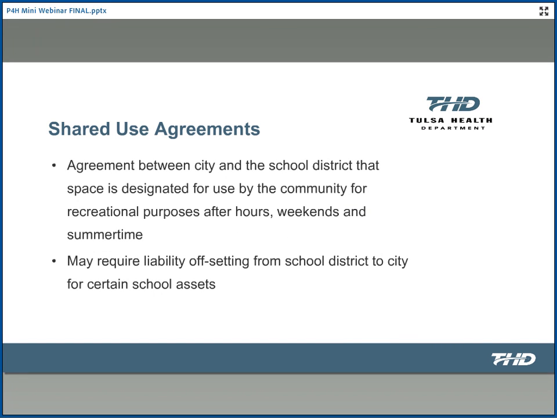And so a shared use agreement is between the city and the school district. That space is designated for use by the community for recreational purposes, after hours, weekends, and summertime. And it may require liability offsetting from school district to city for school assets, but not always.